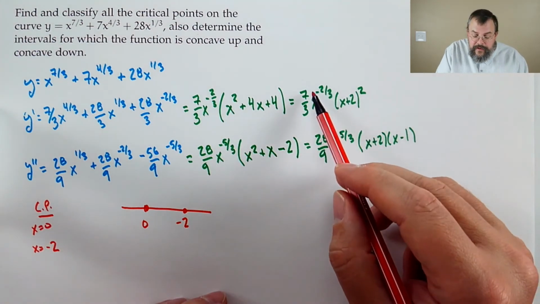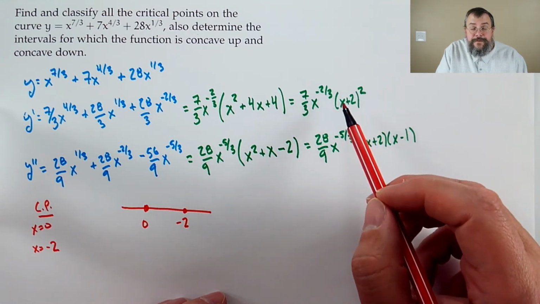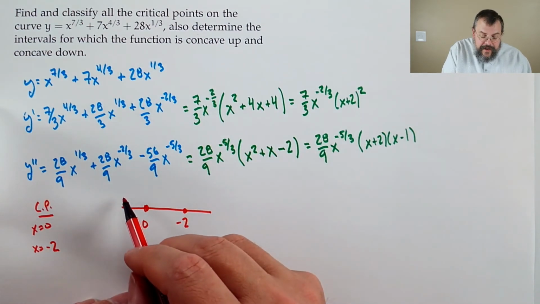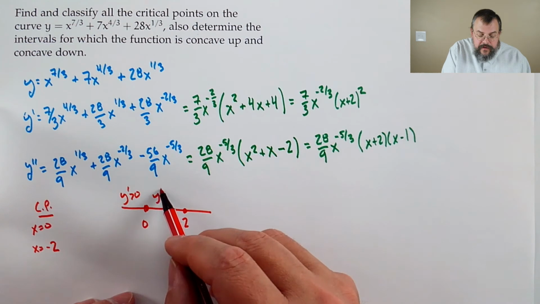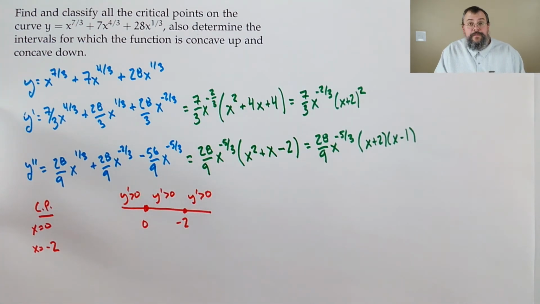So this is positive, this is positive, which tells us that our derivative is always positive. So we're always going up, up, up, up, up.